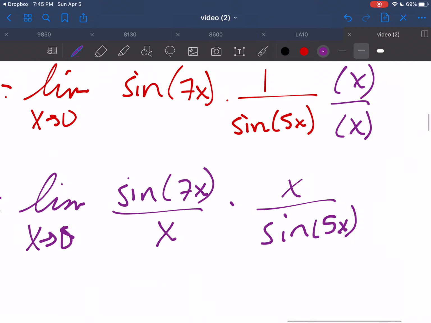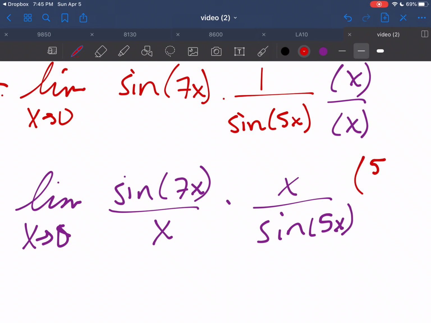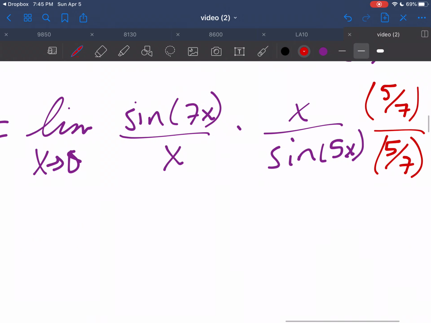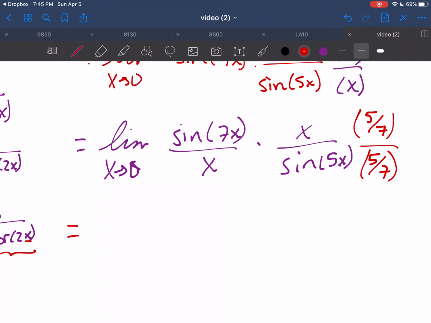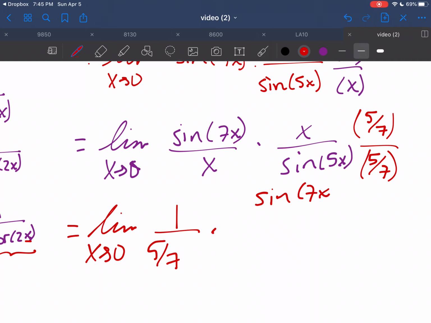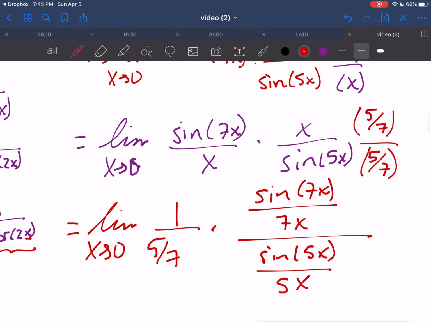Okay, so then we can multiply by 5/7 over 5/7. Okay, and we get the limit as x approaches 0 of 1/5 times sine of 7x divided by 7x over sine of 5x divided by 5x.